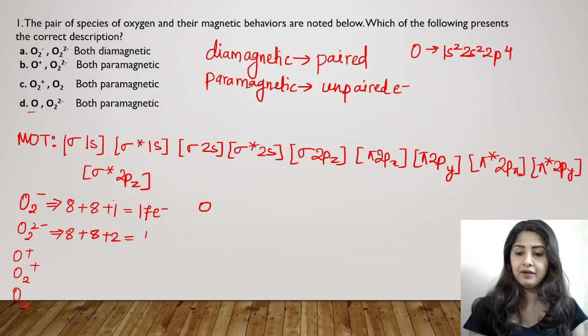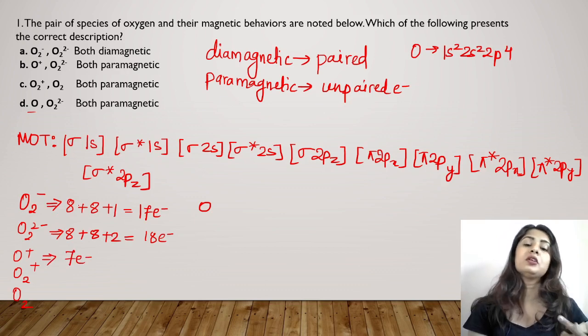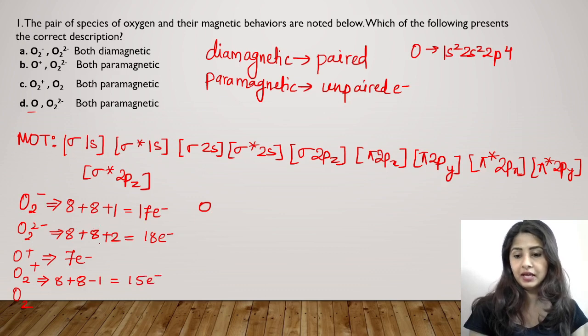So total we have 18 electrons. For O plus we have 7 electrons. This is because an oxygen atom consists of 8 electrons, but we have a plus 1 charge over here, so we have 7 electrons. O2 plus will have 8 plus 8 minus 1, so 16 minus 1, it is 15 electrons.